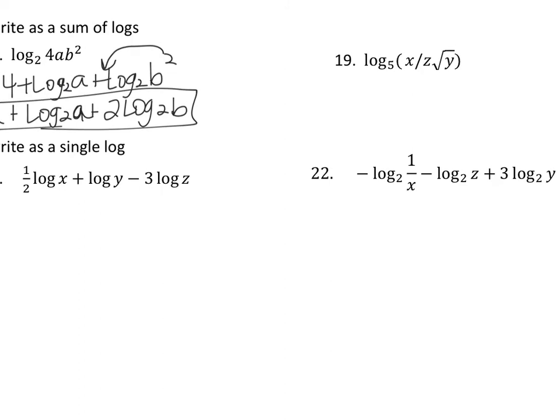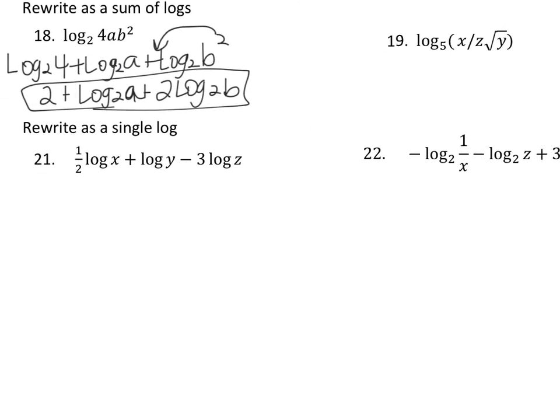Next one, log base 5 of x divided by z square root y. Now the z and the square root of y are in the denominator, so both of those are going to end up being subtracted. So I have the log base 5 of x minus the log base 5 of z.